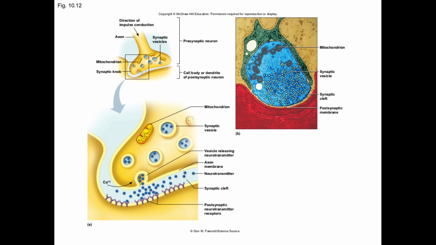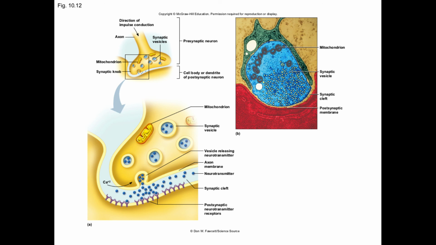At number 4, the neurotransmitter diffuses across the synaptic cleft and binds to specific receptors on the postsynaptic membrane. Number 5, binding of the neurotransmitter, class, opens ion channels, creating graded potentials. Once the neurotransmitter binds to receptor proteins, the receptor changes shape, opening ion channels, creating graded potentials. So the postsynaptic membranes contain chemically gated ion channels, which are packaged as receptor proteins and ion channels.